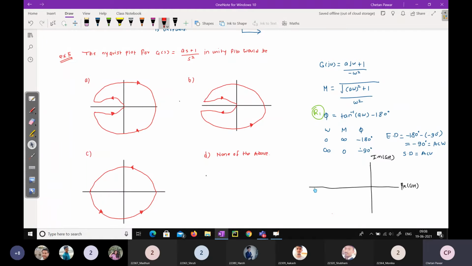So the polar plot will be like this. At omega equal to 0, magnitude is infinite, and this angle line is minus 180 degree. This will be minus 90. The polar plot starts from this point where magnitude is infinity and goes in the anti-clockwise direction.